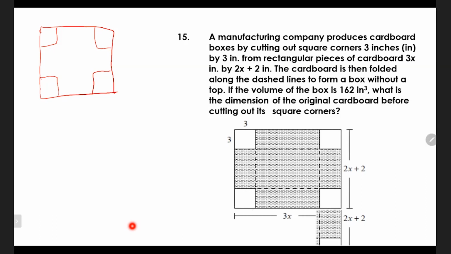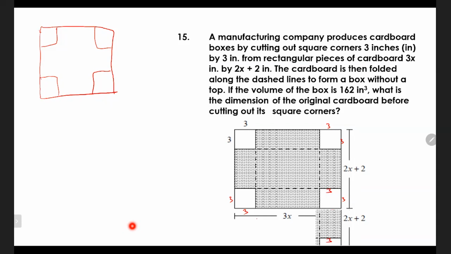So length of this cardboard is 3x and width is 2x plus 2. Here it is 3, 3, so this should also be 3, 3. Everywhere it is 3. These are the lengths of the cut pieces. That means height becomes 3.